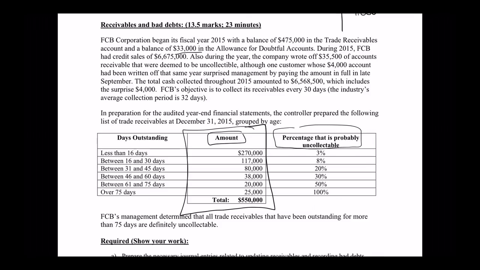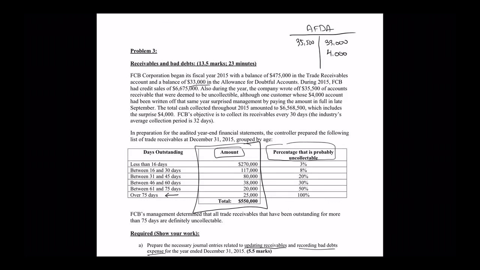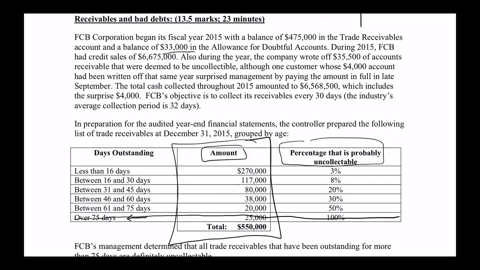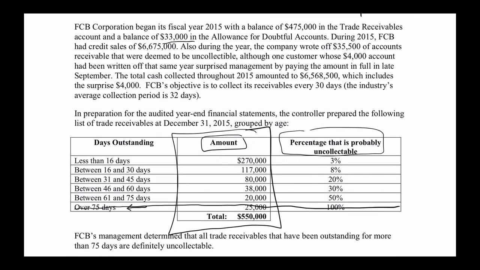One important thing to note, however, is the accounts that are outstanding over 75 days are considered to be fully uncollectible. So if it's fully uncollectible, we should be writing that off as well. So we're going to debit AFDA by $25,000, and we are just going to get rid of this entire row here, and we're only going to focus on the other rows. So the first row, there's $270,000 that has a 3% chance of being uncollectible.